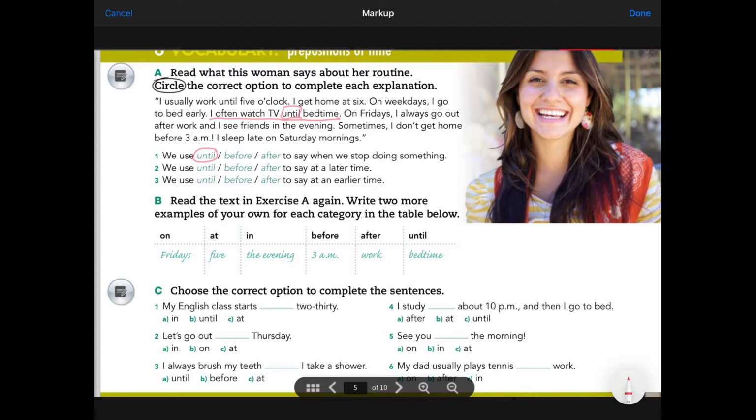We use until to say when we stop doing something. So we have this example. I can write another example here.